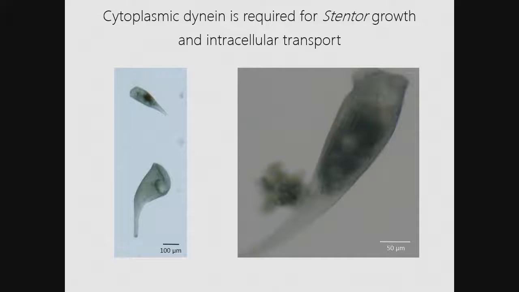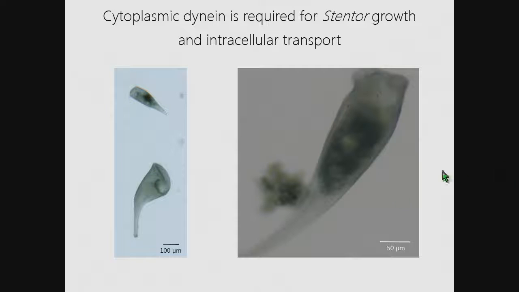And so when I perform the RNAi, what I see is that, first of all, the cells get much smaller over time. So this is a normal Stentor, and this Stentor has knockdown of cytoplasmic dynein intermediate chain. And second, what I observe is this interesting accumulation of vesicles that might contain stentorin, which is the molecule that creates the blue color that Stentor has.